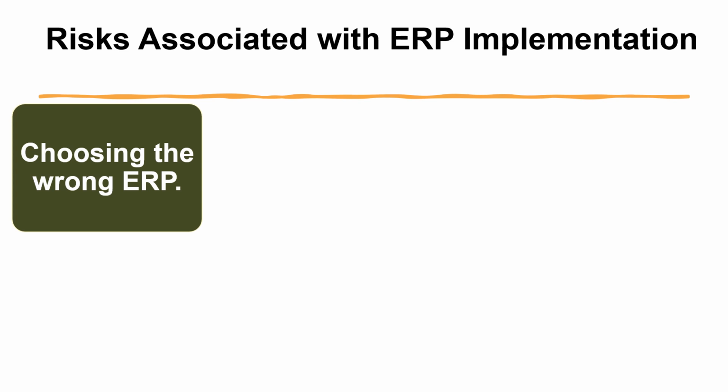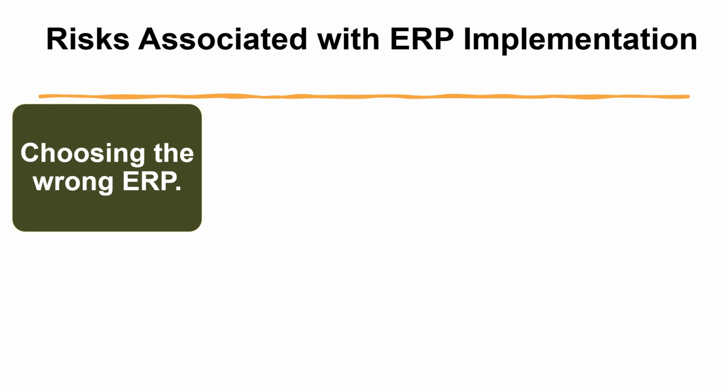We should keep in mind that there is no best ARP product that fits all industries or organizations. So we should make sure that the ARP fits the organization or the company.